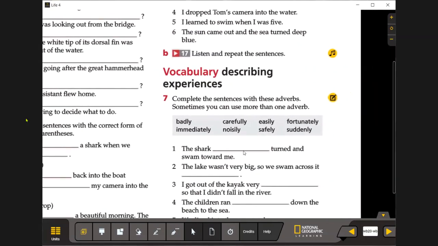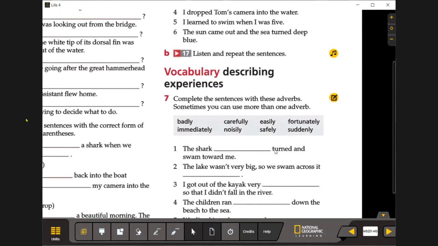Okay, take a look at the following adverbs that we have here in the gray box. Yes, is it possible for everyone to visualize them? And so we have badly, immediately, carefully, noisily, easily, safely, fortunately, and suddenly.